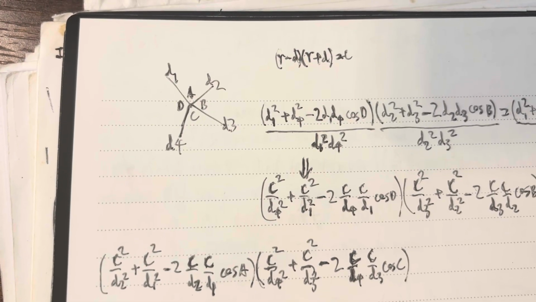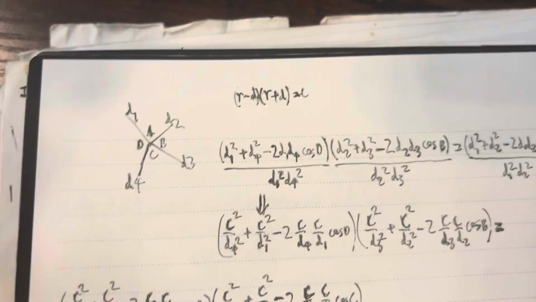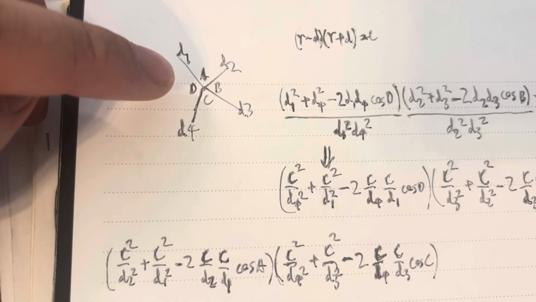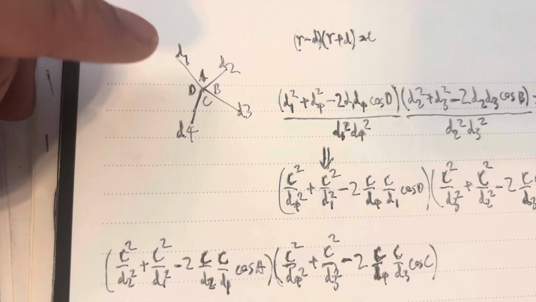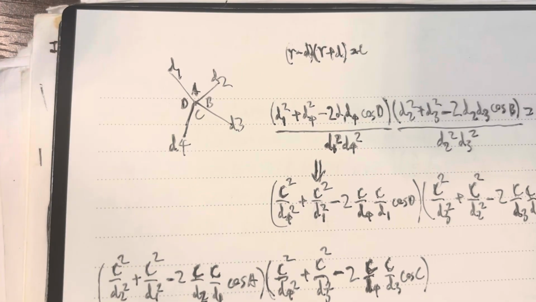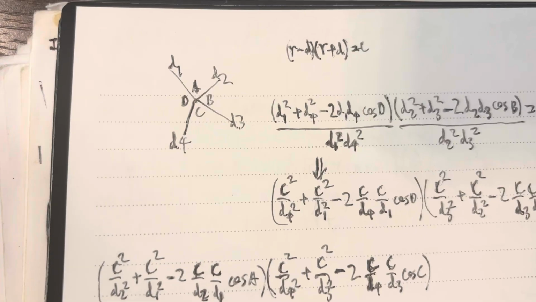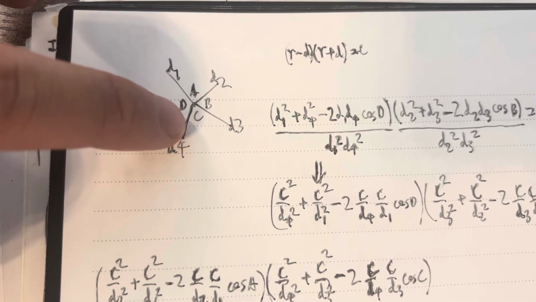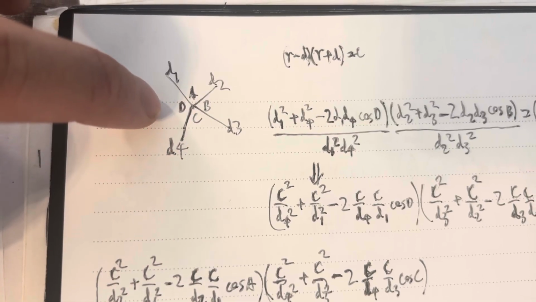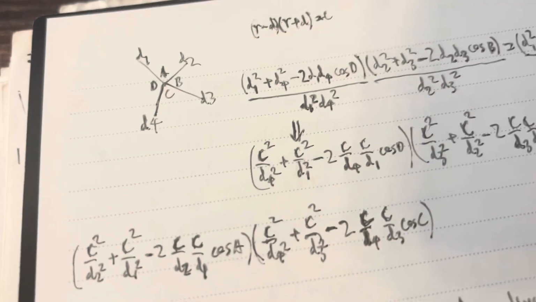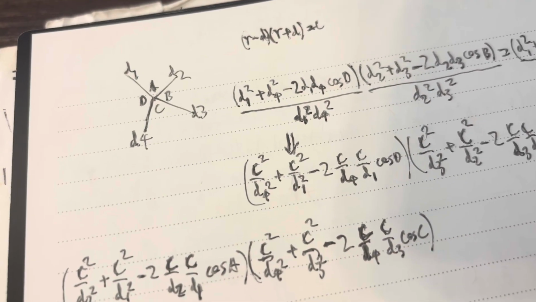Okay, and also just for reference sake, let's call the angles that P makes with the different lines going to the vertices: the top angle A, the side angle B, the bottom angle C, and the left side angle D.